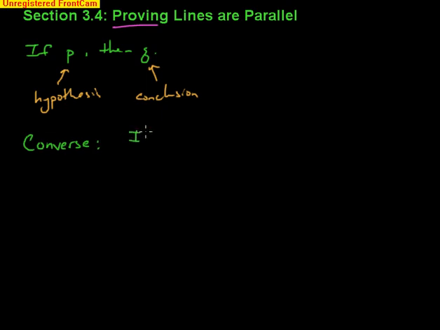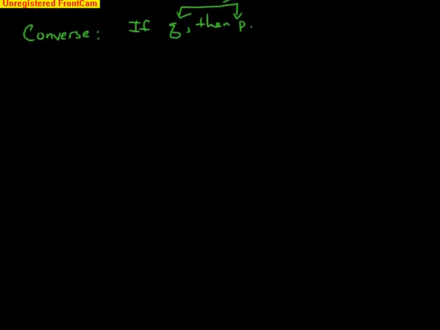So you would say for the converse of the statement above, if Q, then P, right? So the Q and the P switched places. So they switched. So that's all we're going to use for these theorems we're going to talk about today. We're just going to switch them around, okay?